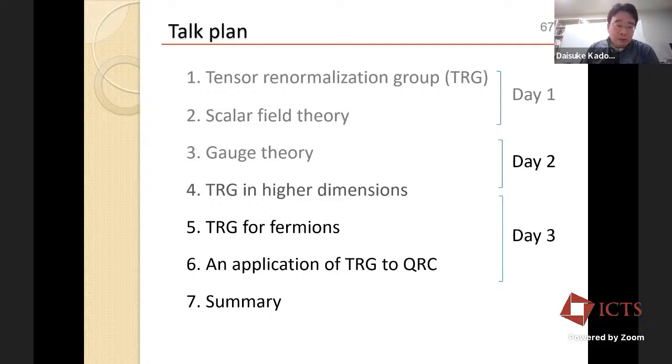Today, I'd like to talk about another higher dimensional algorithm called the triad TRG method. After which I will be explaining how to handle fermions in the TRG method. And then I will be introducing an application of TRG to quantum Regge calculus, which is a model of quantum gravity theory. Finally, I will summarize.